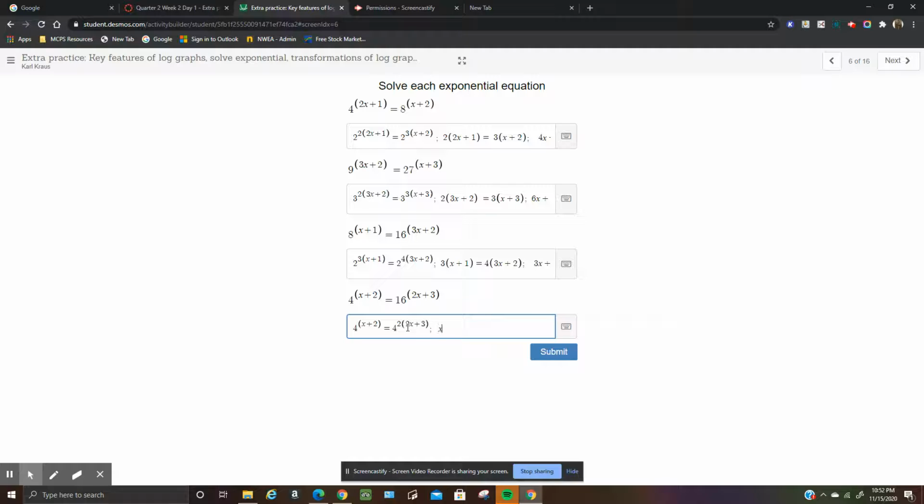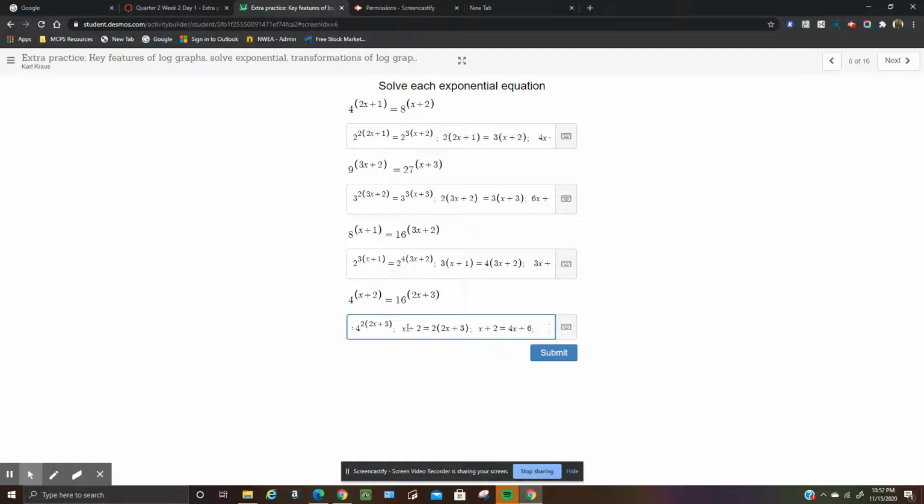So equate the exponents, x plus 2 equals 2 times 2x plus 3. And then x plus 2 equals 4x plus 6.